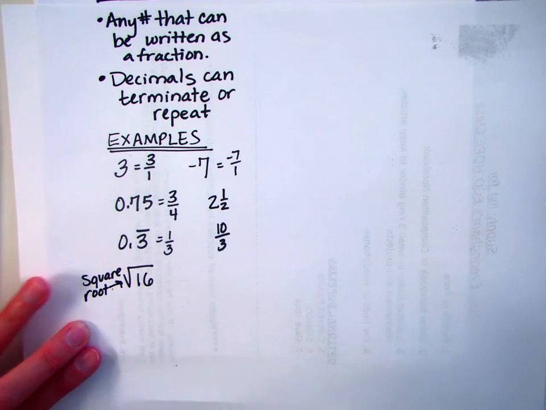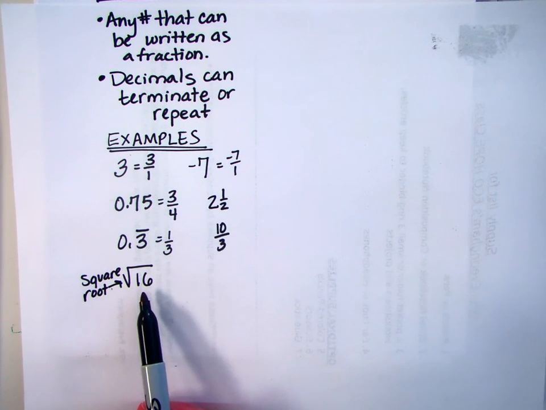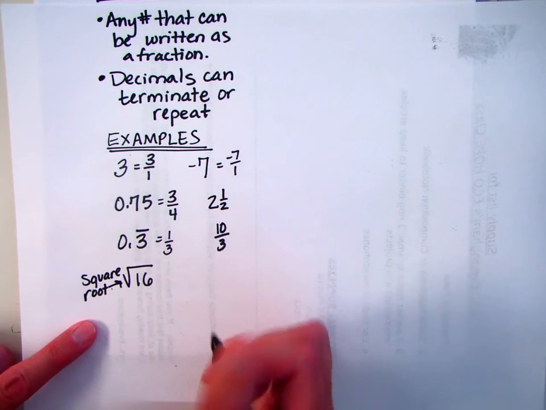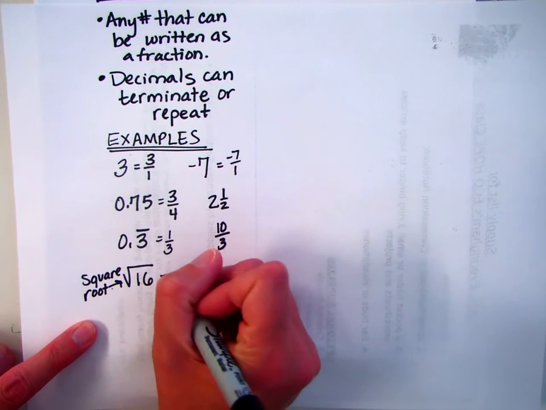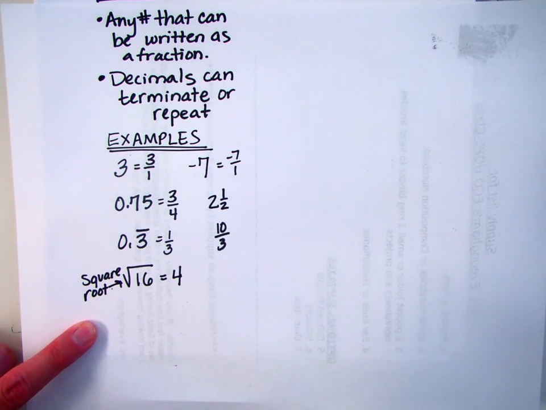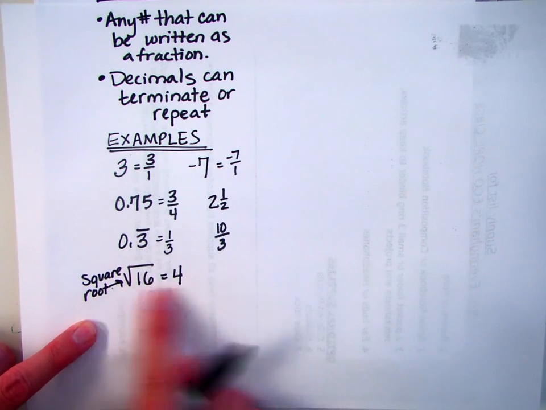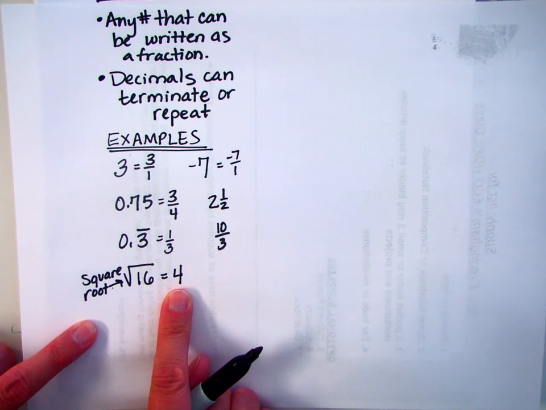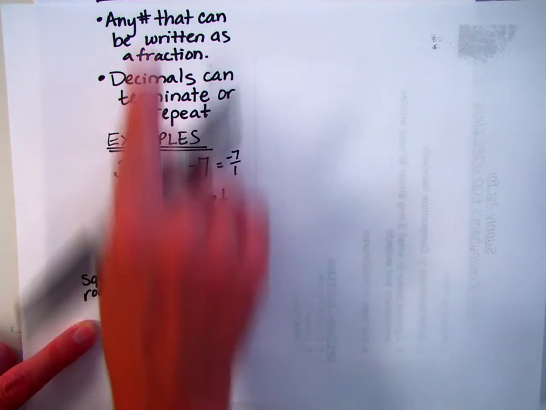So what number can you take and multiply by itself to get 16? And 4, because I can do 4 times 4 and get 16. Well, this answer comes out to a whole number, 4, and I can write that as a fraction. So when this is simplified, it shows me that that would be a rational number.